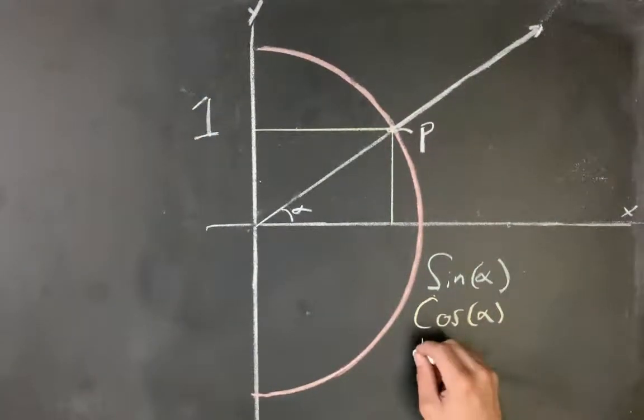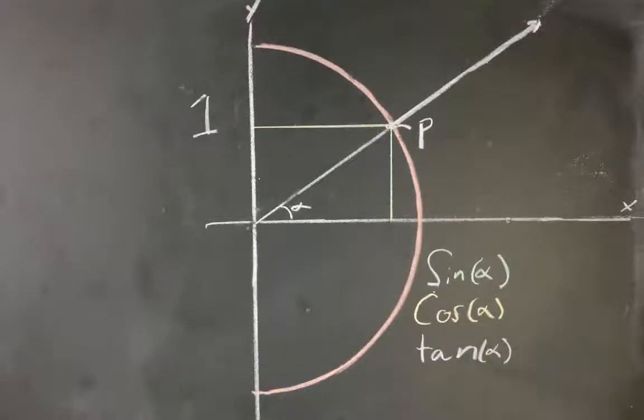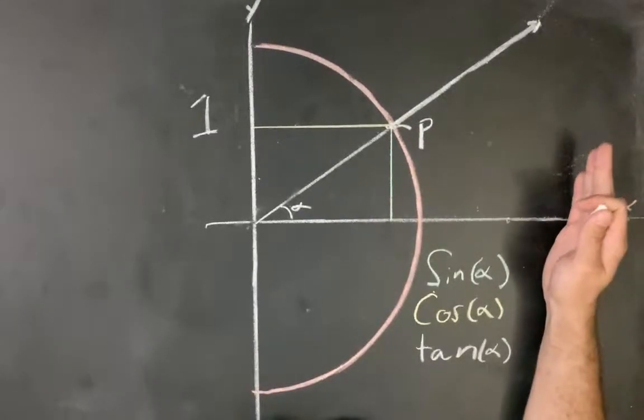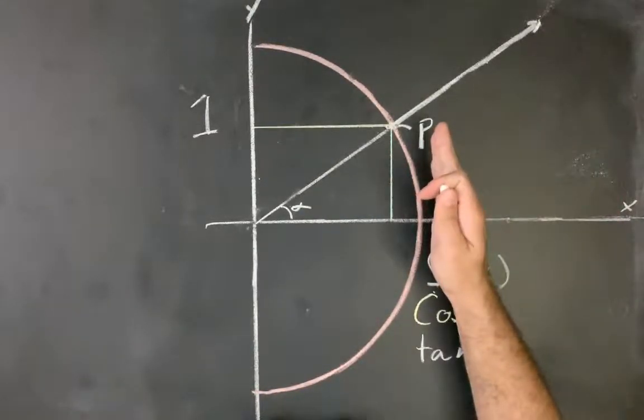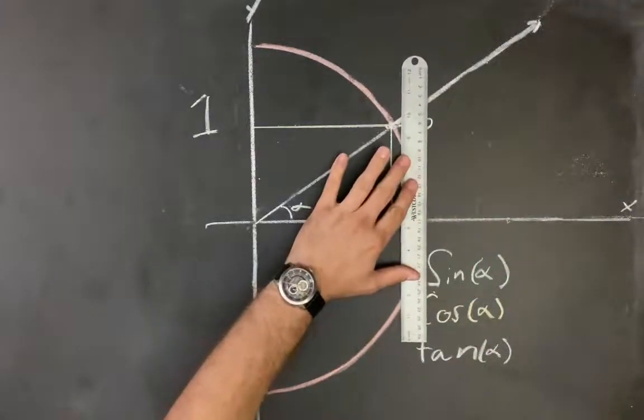Now next, let's see the tangent function. For the tangent function, let's denote first the principal tangent of this construction. So the principal tangent is a line that is orthogonal to the x-axis, but is tangent to the unit circle. And I'll denote that as a dashed line.